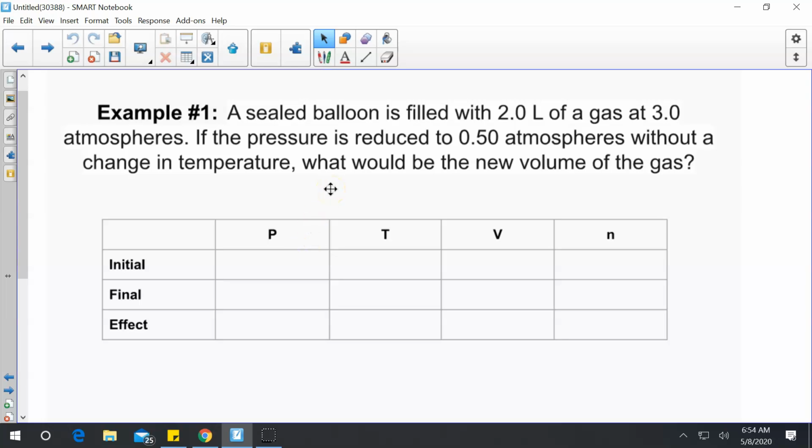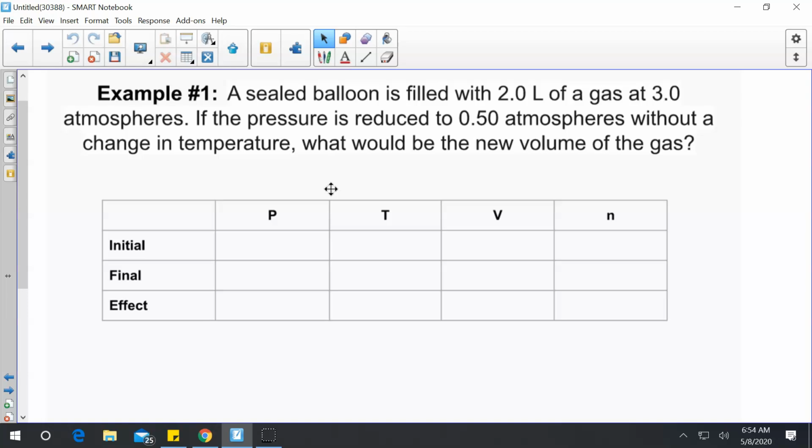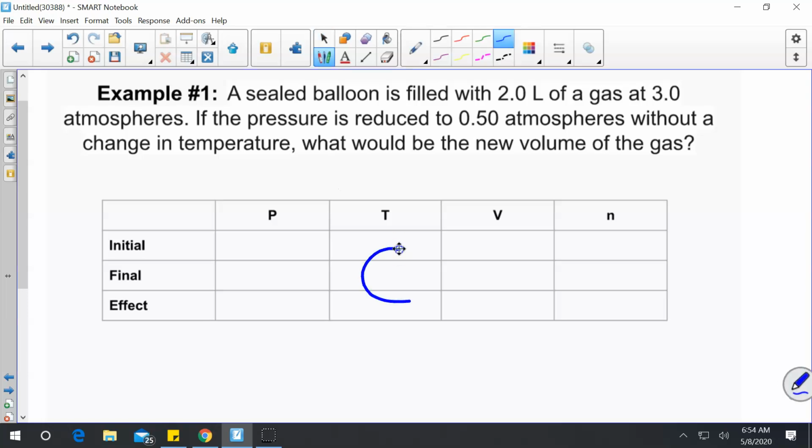So we have a sealed balloon that is filled with 2 liters of gas at 3 atmospheres. If the pressure is reduced to 0.5 atmospheres without a change in temperature, what will be the new volume of the gas? In this problem, temperature is staying constant, and it's a sealed balloon, so we're not going to let particles in or out of it.